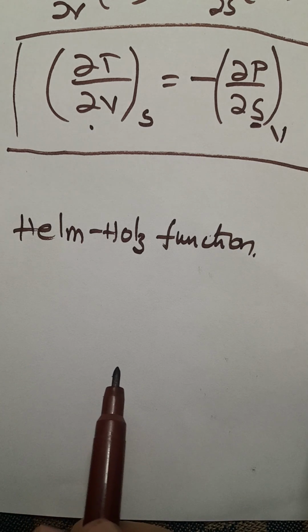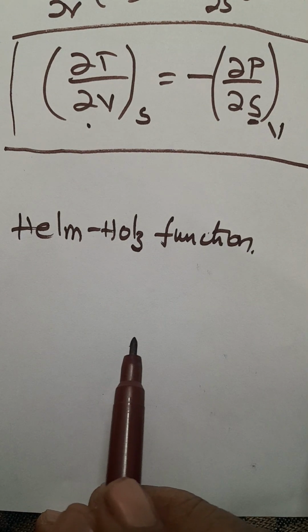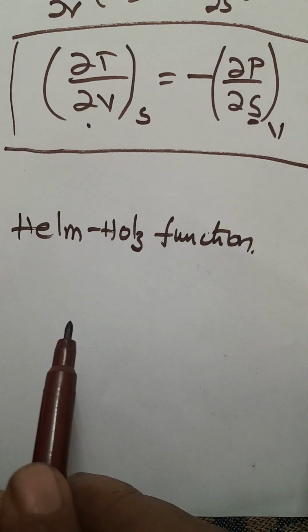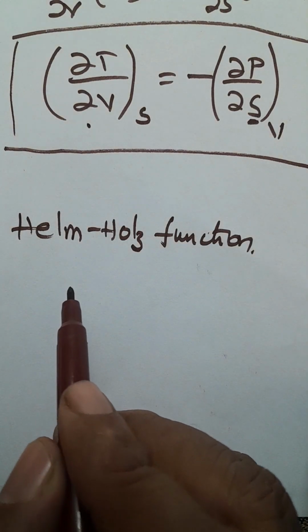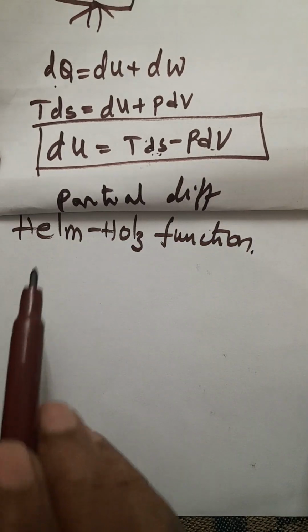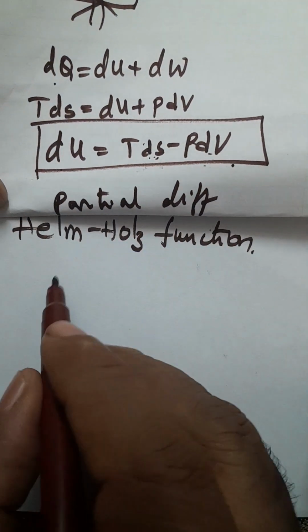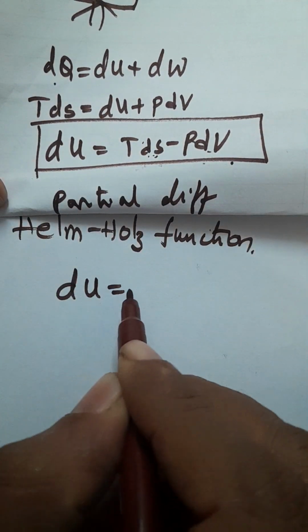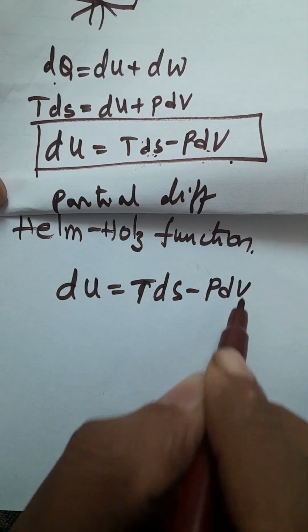Before that, always remember, for deriving the Helmholtz function we have to consider the same relations that we know already: dQ is equal to TdS minus PdV. That only I am copying again: dU is equal to TdS minus P into dV.